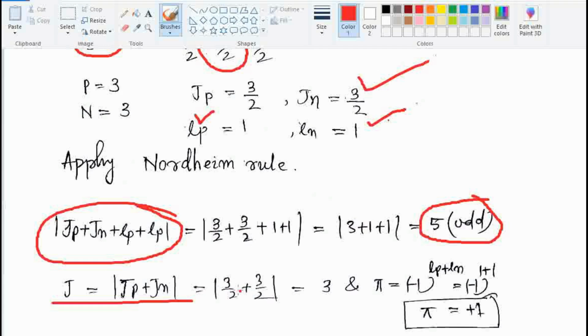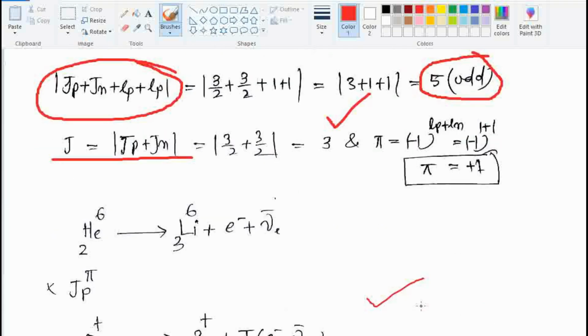These are the same, 3/2 and 3/2, you will get 3. And try to find the parity equal to minus 1 to the power Lp plus Ln. Lp and Ln are both 1, so minus 1 to the power 2 equals a positive parity. That means the spin parity of the daughter nucleus is 3 to the power what? Positive.